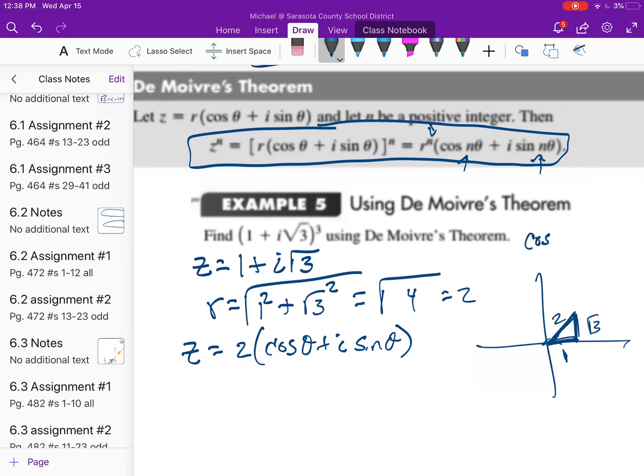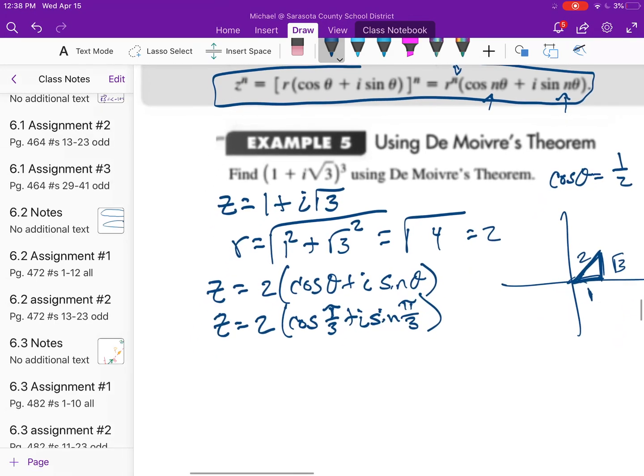So cosine theta ends up being 1/2. I like using cosine when it's in quadrant 1. So cosine is going to be 1/2 at pi thirds. So I can rewrite my z as 2 times the cosine of pi thirds plus i times sine of pi thirds. And then we can utilize de Moivre's theorem at this point.